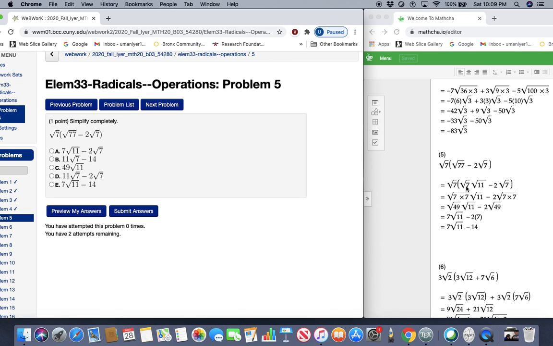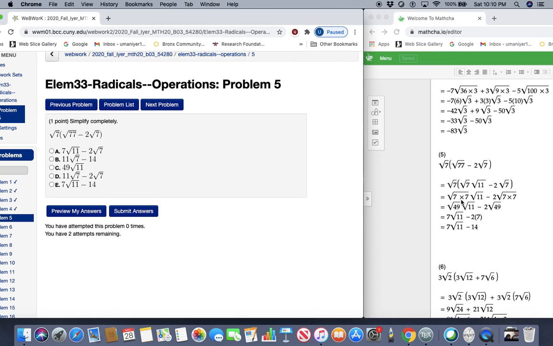Square root 7 times square root 7, that's here, square root 11, minus 2, that's a whole number, square root 7 times square root 7, that's here. Radicals multiply with the radicands inside being multiplied.